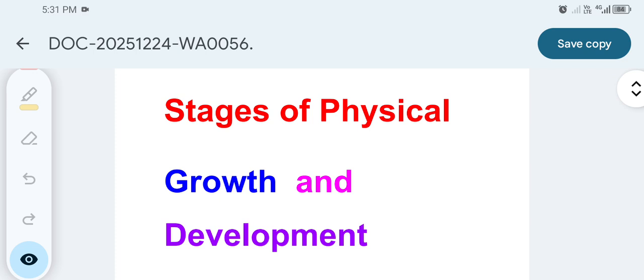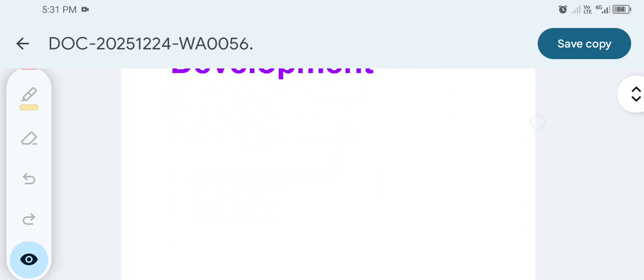So there are a lot of things that are involved. And when we're talking about pediatrics, it's very much important that we note the development of a child, because this is the only way we can keep track of the child's health, whether the child is okay, whether the child is not fine. So this is what we are talking about, the stages of physical growth and development.